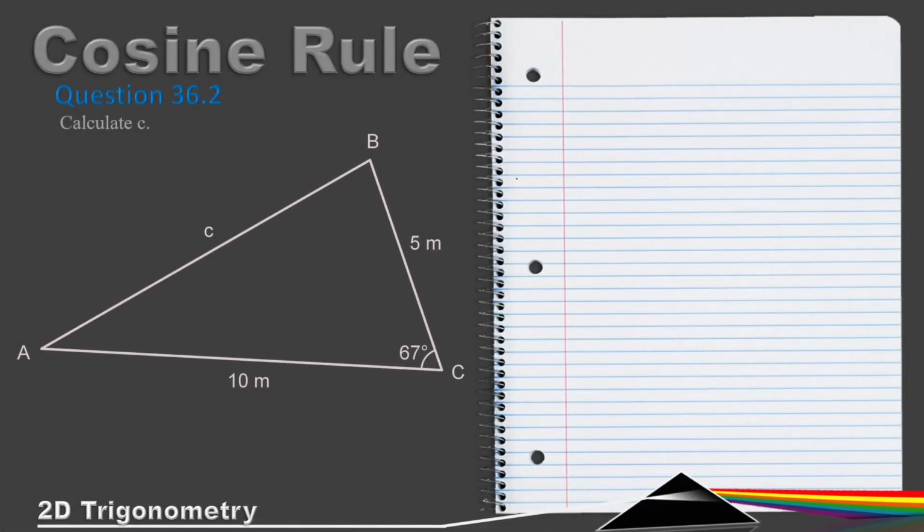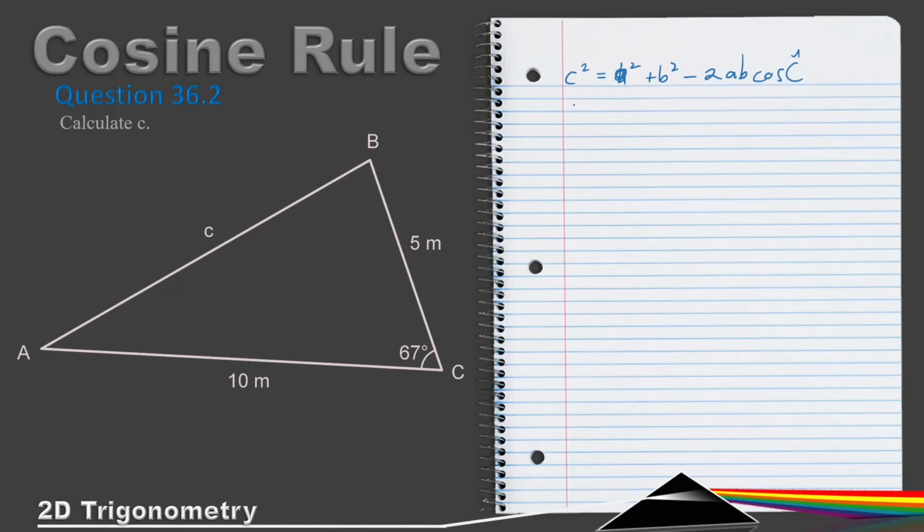Then question 36.2, calculate c. Now, side c over here. So once again, we have c squared equals a squared plus b squared minus 2ab cos of c.